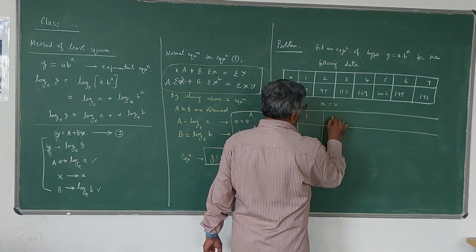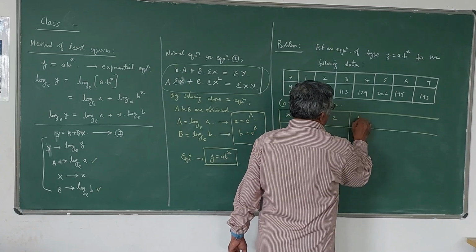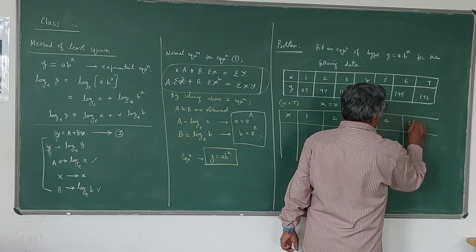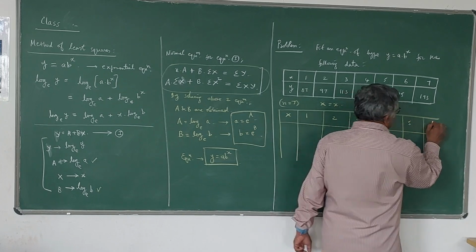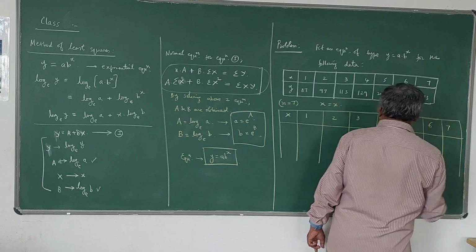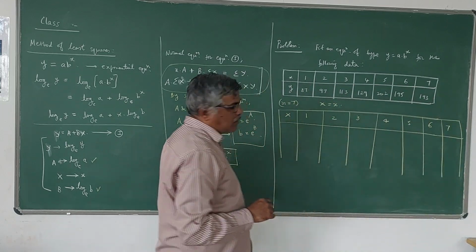1, 2, 3, 4, 5, 6, 7. There is no change in capital X values, it is equal to small x.